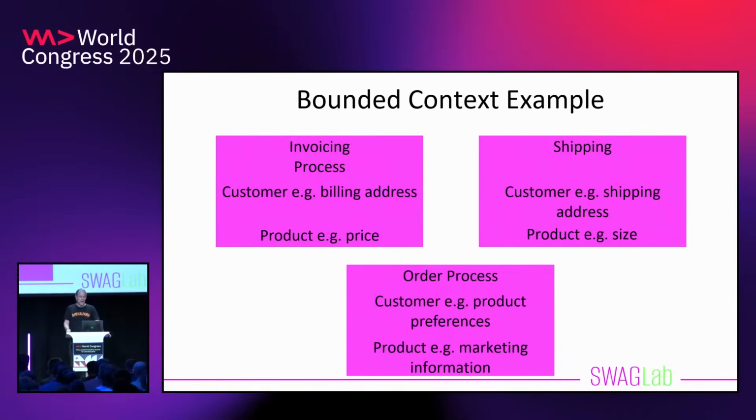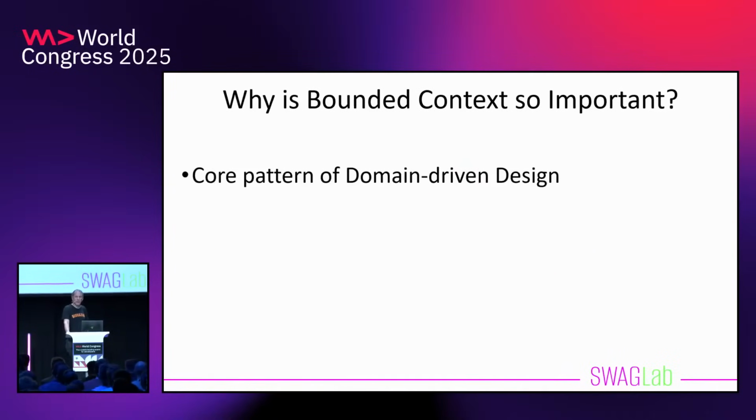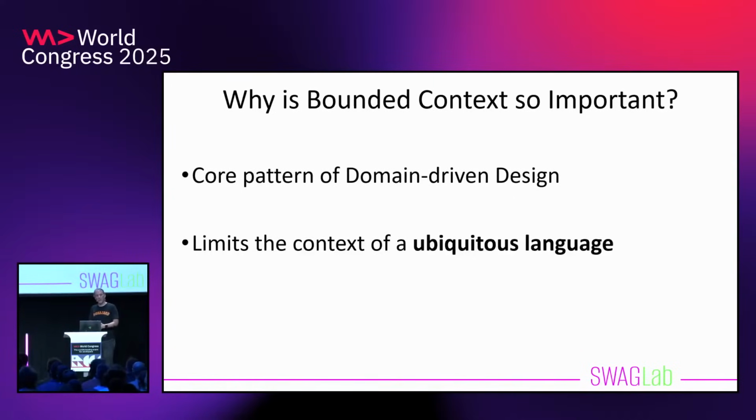So we have different models with different aspects of specific parts of the system. And bounded context is, I think, very important because it's one of those core patterns of domain-driven design. If you look at the original book, there is a mind map of all the patterns in domain-driven design, and bounded context is one of those central patterns. And it's a limited context in which a ubiquitous language is valid.